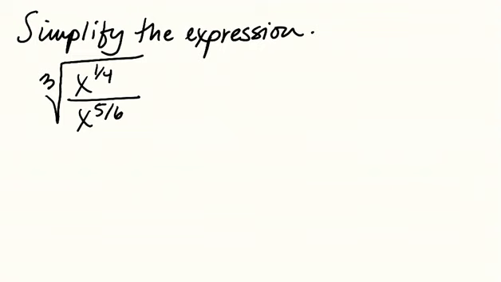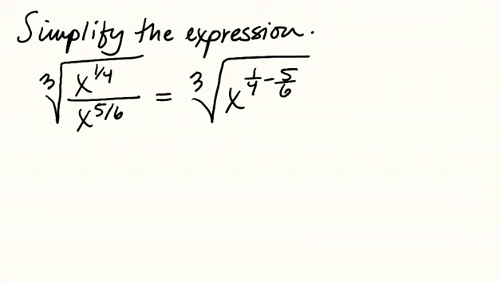Okay, here's one that's different looking. What I need to do is simplify the radicand before I actually take the third root. The radicand being the thing inside of the radical. So this is x to the 1/4 minus 5/6. Okay, and maybe you do that arithmetic by hand, or maybe you use the calculator for that.